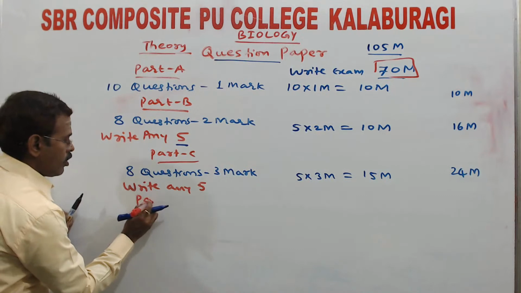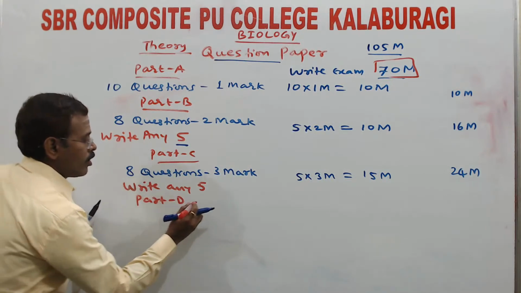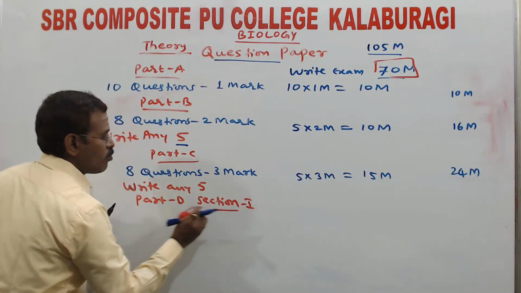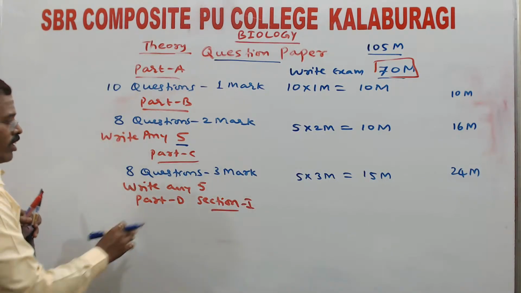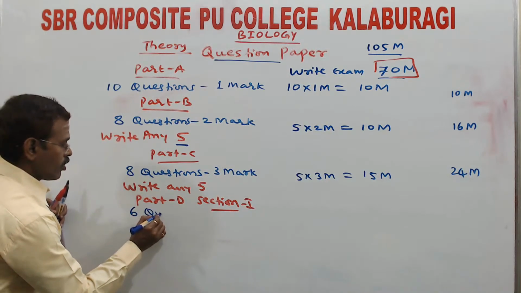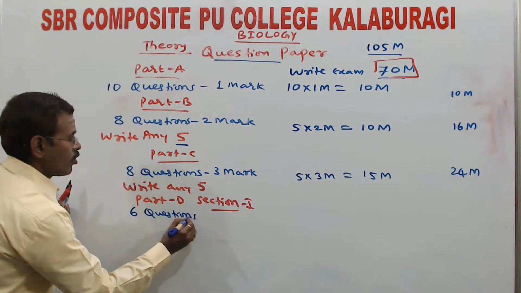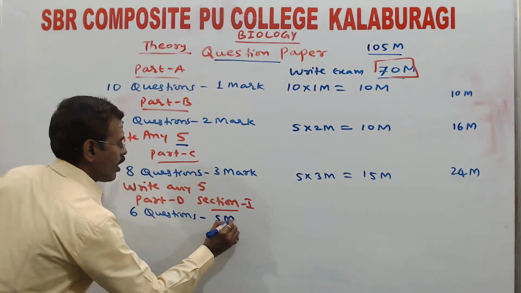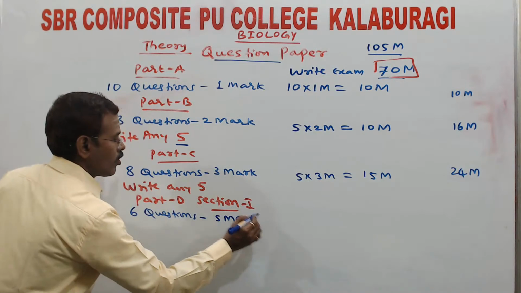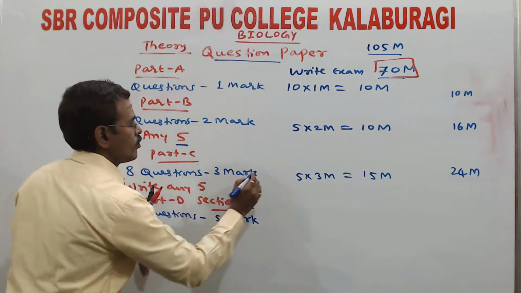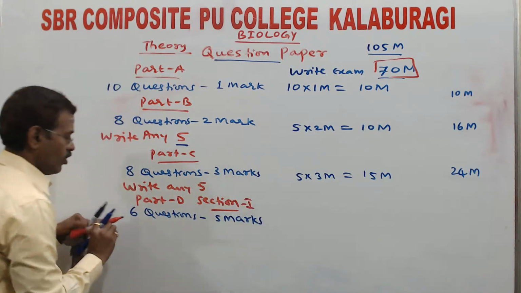Then part D. In part D, 2 sections are there. Section 1. Here, 6 questions of 5 marks.